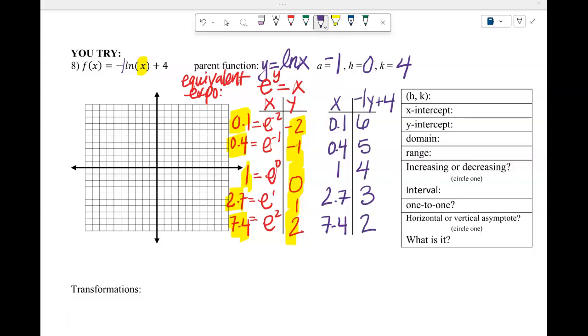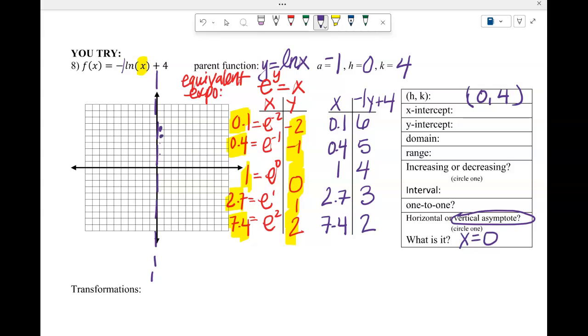Okay, let's check again. Did you guys get the same exact values for your transformation table? Since we don't have any translation right and left, guys, your vertical asymptote will stay on the y-axis, which is going to be your x equal to 0 equation. So vertical asymptote, let's circle that. x equals 0. Your h and your k, 0, 4, that can be filled out. Let's plot your dots really quickly. Positive 0.1, go up 6. Positive 0.4, go up 5.